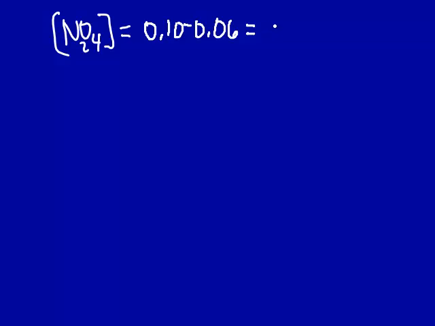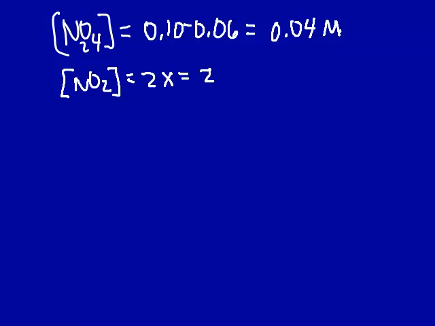So the concentration is 0.04, and the units here are molar because we're using Kc. Then the concentration of NO2, that will be 2x, so that'll be 2 times 0.06, so it's 0.12 molar. So that's how you do that problem.